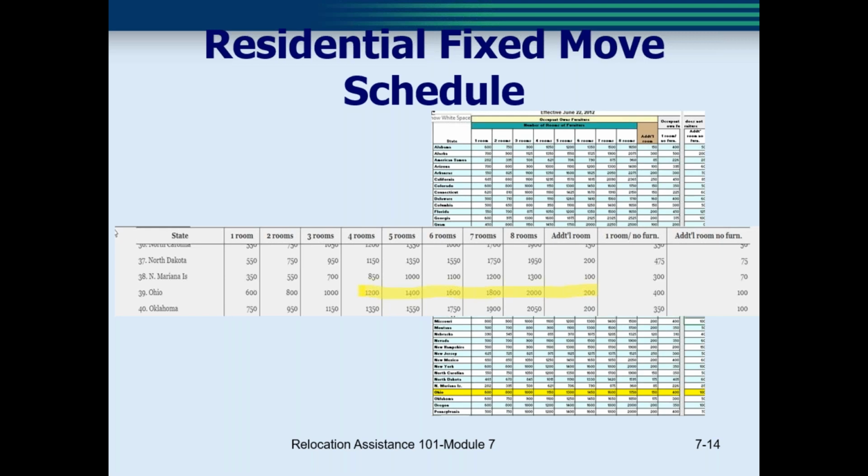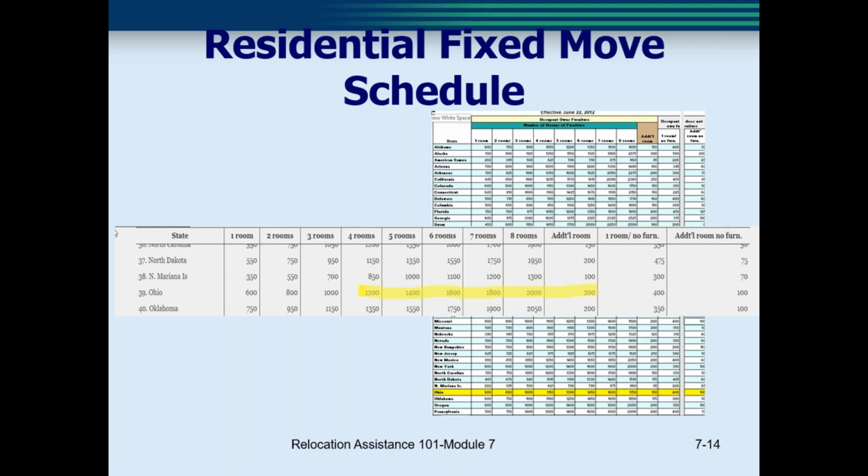So they have 3 bedrooms, living room, dining room, kitchen. There are six rooms, so you're going to go over here, 6 rooms. Okay, there's the amount. But then you look at what else they have. Is this basement totally full? Okay, they've got a big outbuilding, and another detached shed over here.